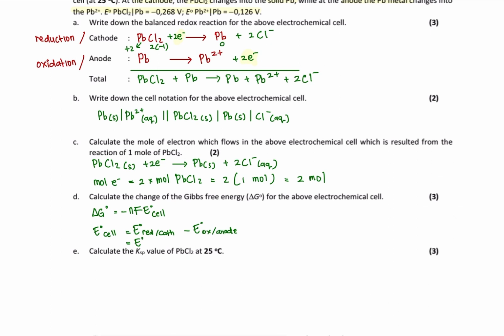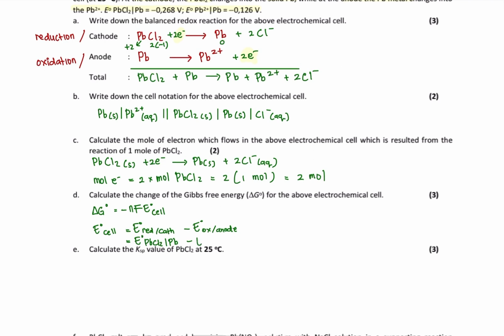So in this case, we are going to use the data at the cathode. This is related to PbCl2 and Pb. I'm going to write it here. And then the oxidation process relates to Pb and Pb2 plus, so I'm going to use the Pb2 plus, Pb.